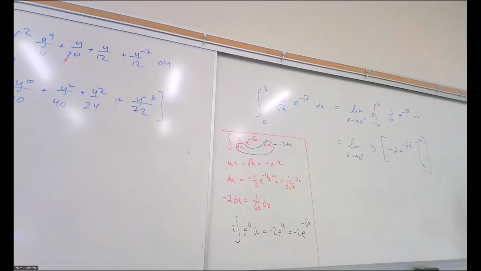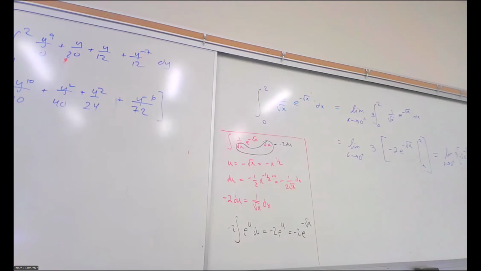And then we take the limit as a goes to 0 from the right, and we plug in our limits of integration. So we get 3 times negative 2 e to the negative square root of 2 minus negative 2 e to the negative square root of a.